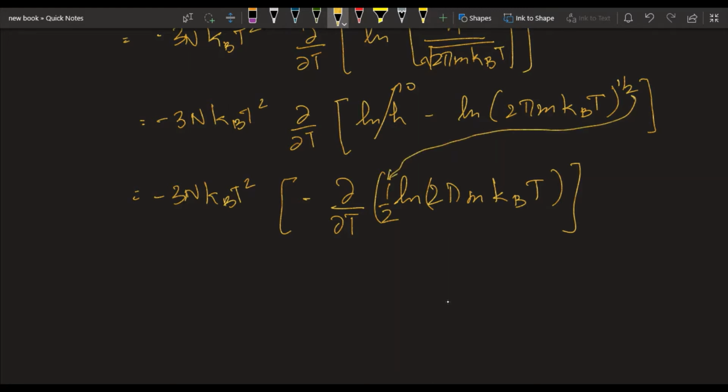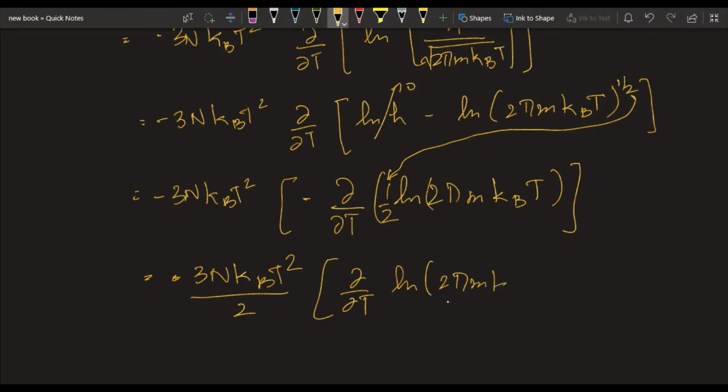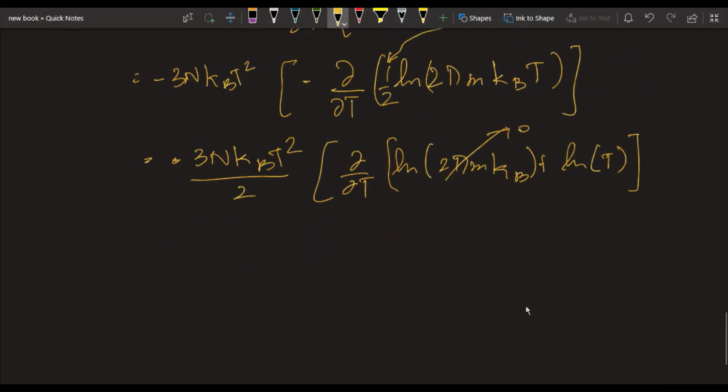So we have minus into minus is plus 3n kBT square by 2, and this becomes dou by dou T of ln 2 pi m kB plus ln T. So this term goes to 0 as this is not a function of temperature. So we have 3n kBT square by 2 into dou by dou T of ln T.